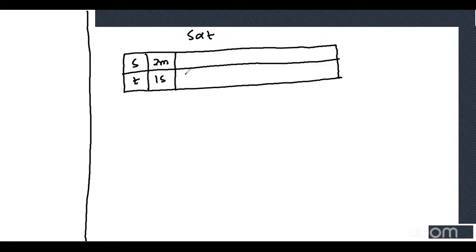Time increased by two times, so distance will also be increased by 2 times. Suppose time is increased by 3 times the initial value, so distance also increases by 3 times the initial value. Like that.